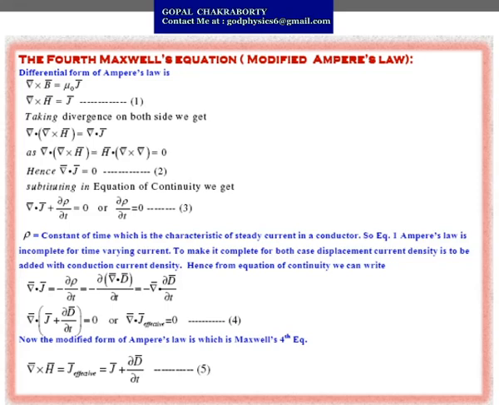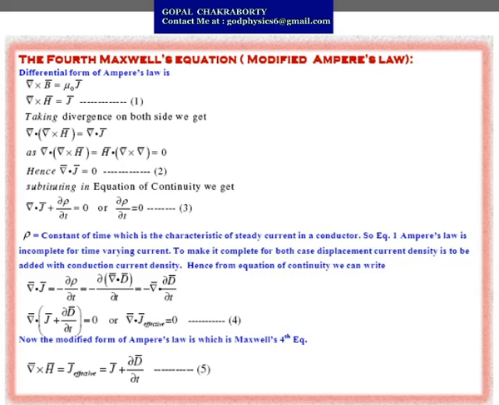To make it complete, for both cases, displacement current density is to be added with the conduction current density. So from the equation of continuity, del dot J equals minus del rho by del t.